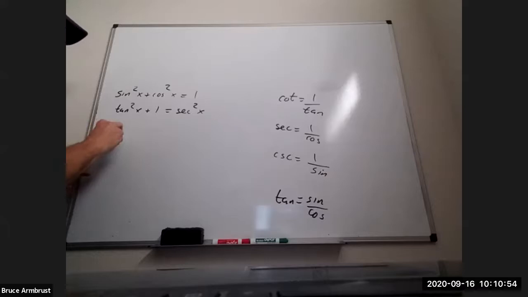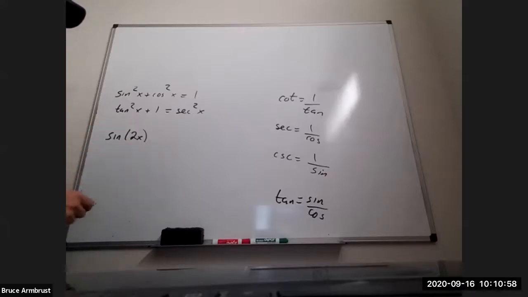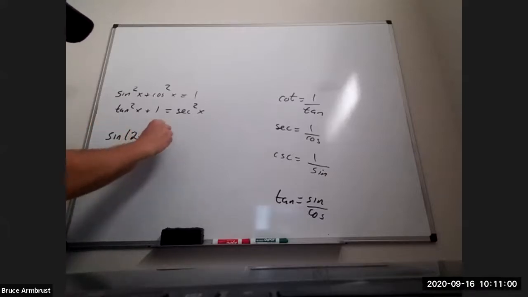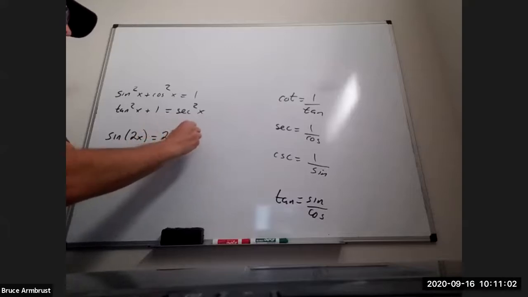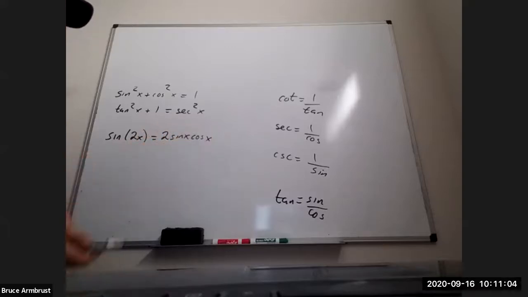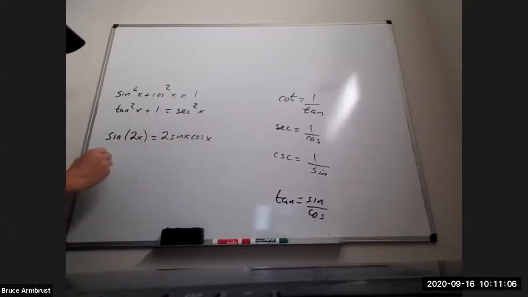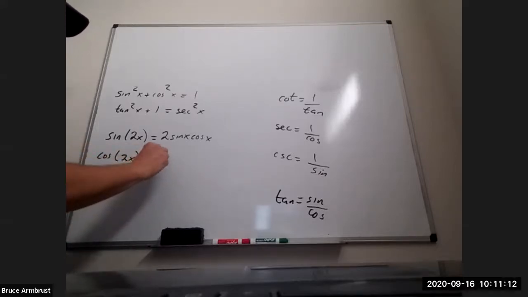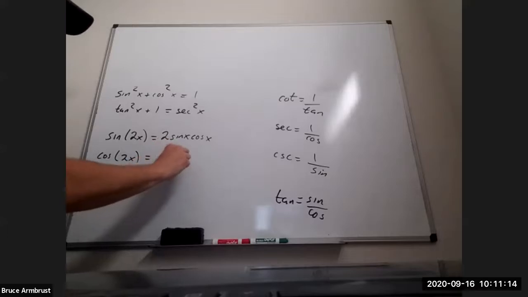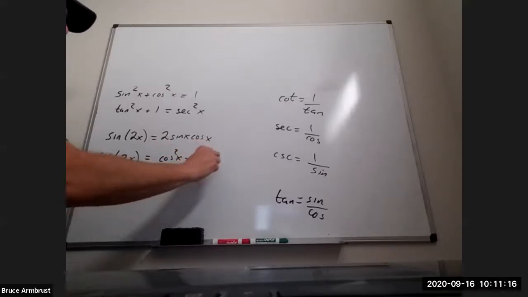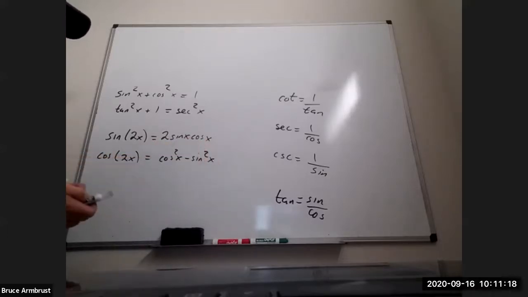Another one that I want you to remember is the double angle identity for sine. It looks like this. And there's a similar one for cosine of 2x, and it looks like cosine squared minus sine squared.